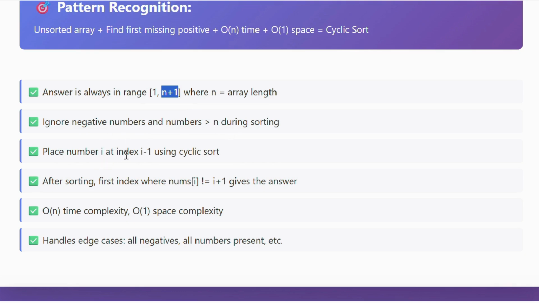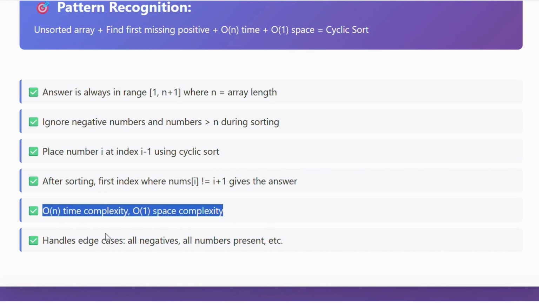Place number i at its index i minus 1 using cyclic sort. After sorting, the first index where nums of i is not equal to i plus 1 will be our answer. This solution is completed in O of n time complexity and O of 1 space complexity, and it handles all edge cases, all negatives, all numbers present, etc.